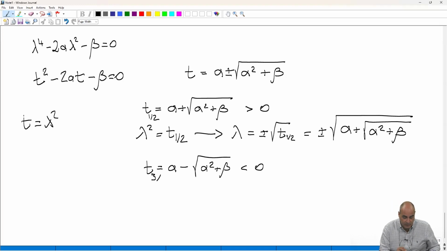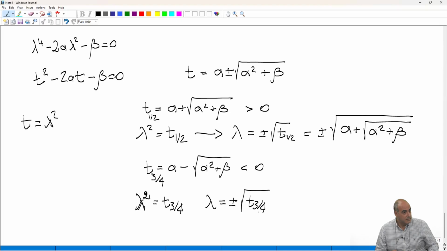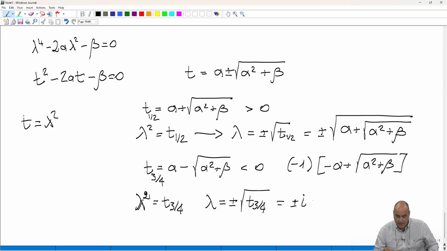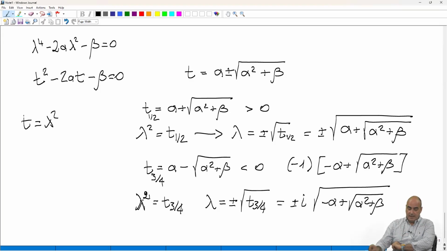But if this is t3,4, when I have to extract the square root of a negative number, I have to transform this into minus 1 times alpha minus the square root of alpha squared plus beta. And so this is plus or minus i, the imaginary unit, the square root of minus 1.